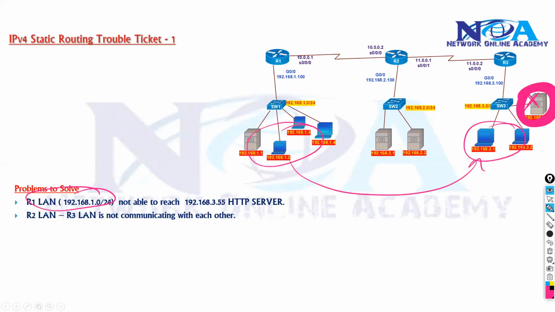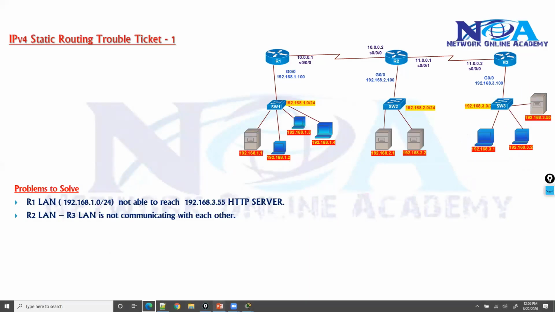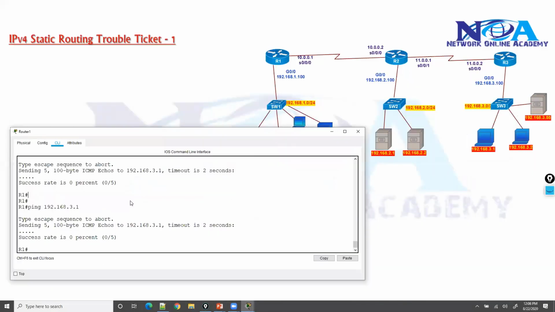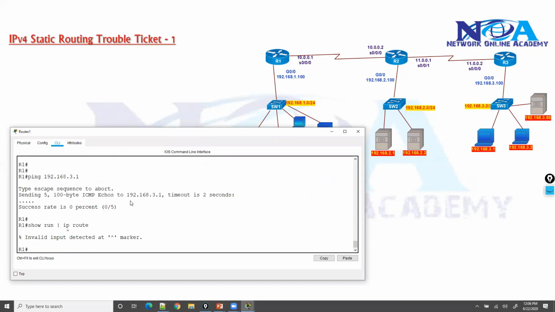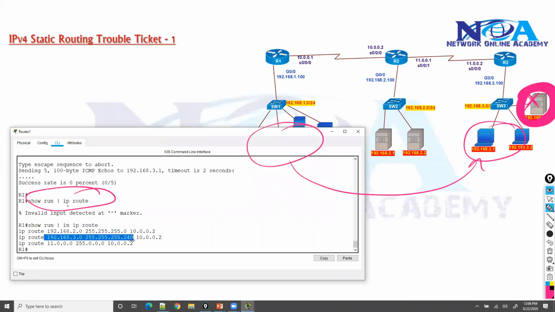If I just go back to my router 1, and we verify the static route configurations, we should say include, and here you can see 3 dot network, and the mask is wrong here.